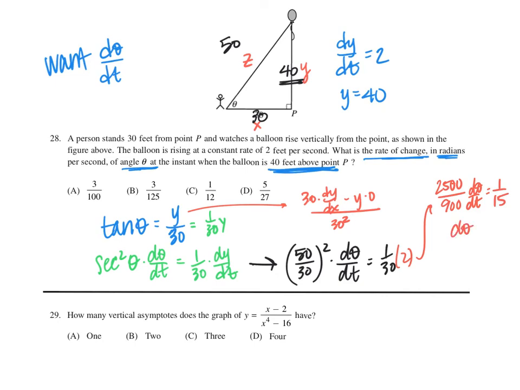To get d theta dt by itself, I would need to divide by 2,500 900ths or multiply by the reciprocal. I'm going to give myself some more room over here. And d theta dt is 1/15th times 900 2,500ths.